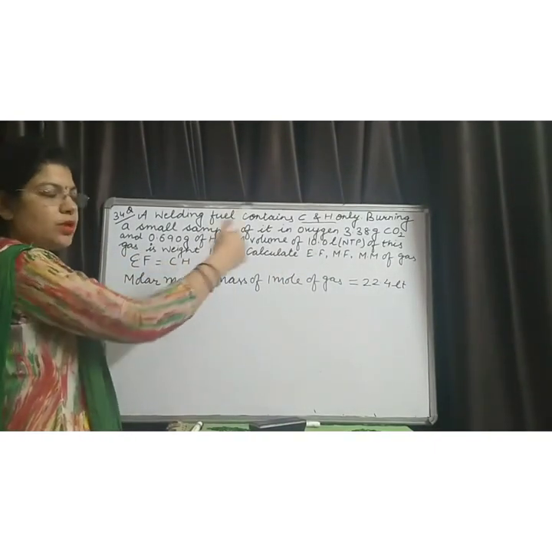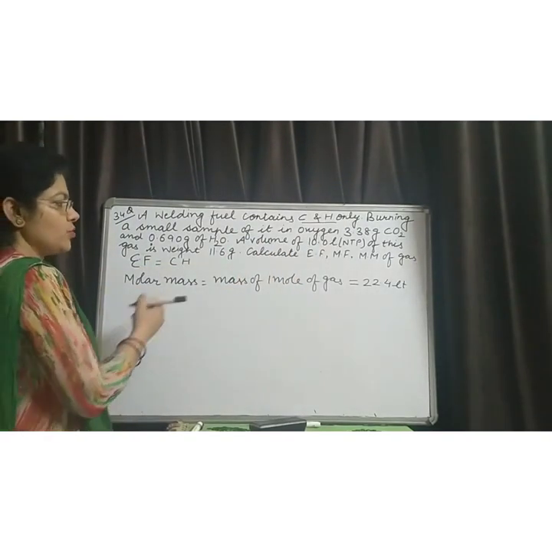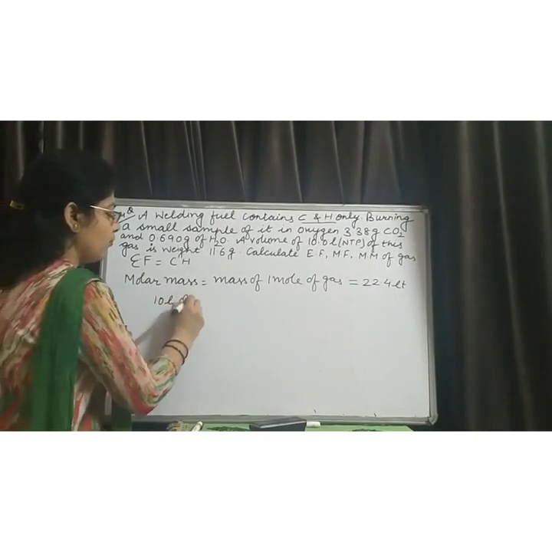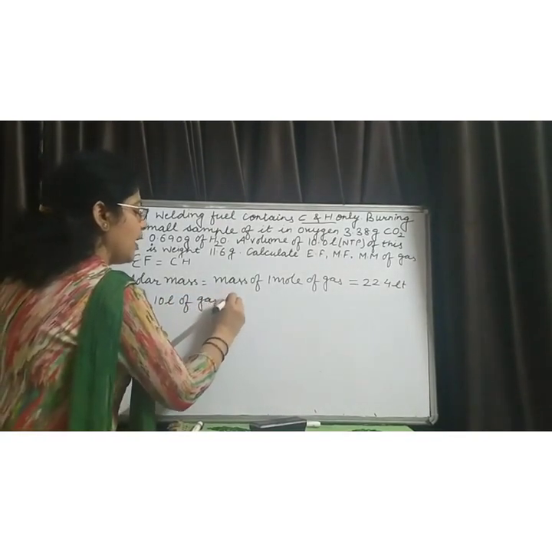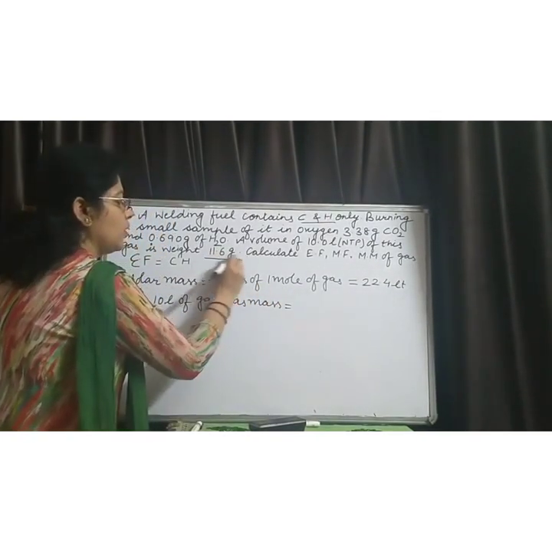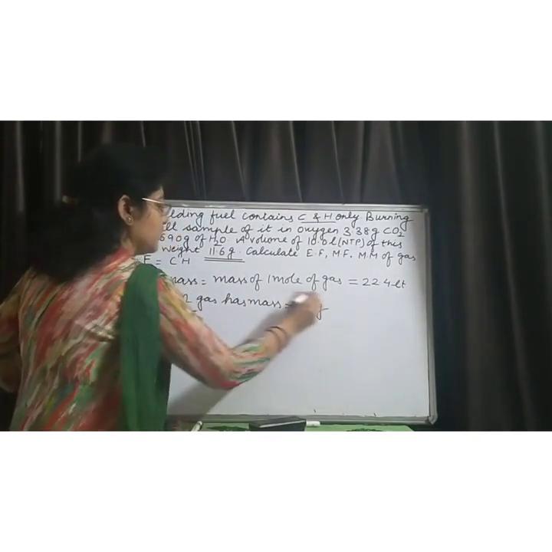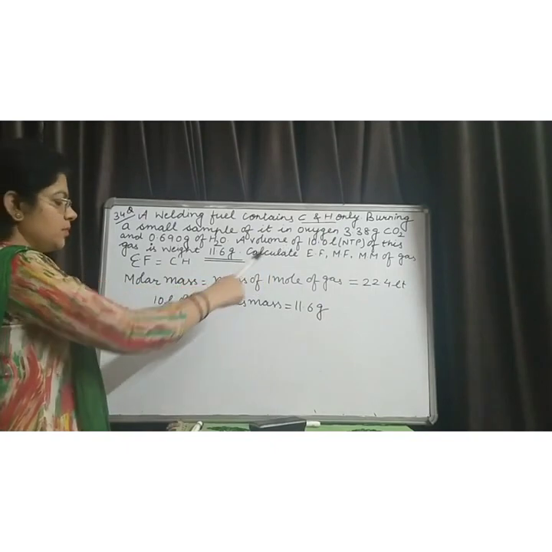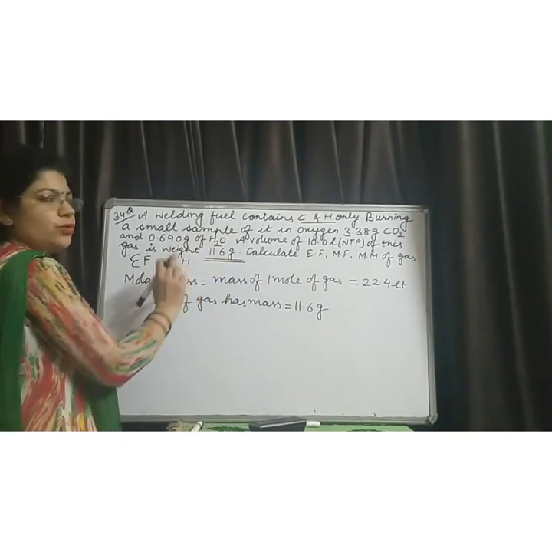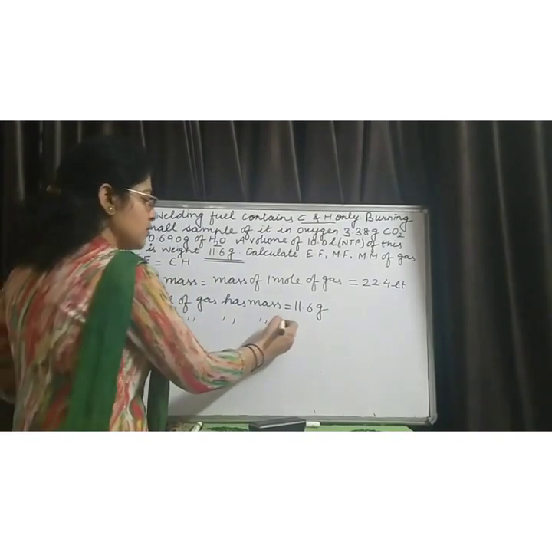So put mass on the right hand side and volume on the left hand side. 10 liter of gas has mass equal to 11.6 grams. It is given to you in the question and you have to find its molecular mass.